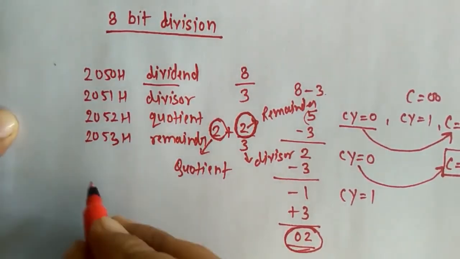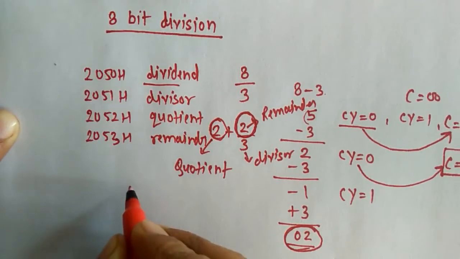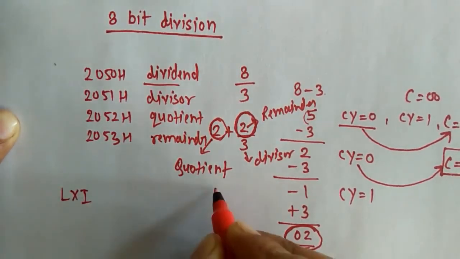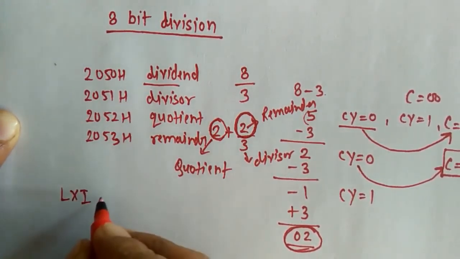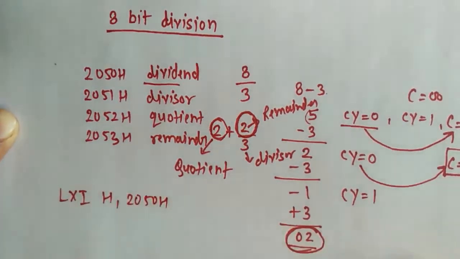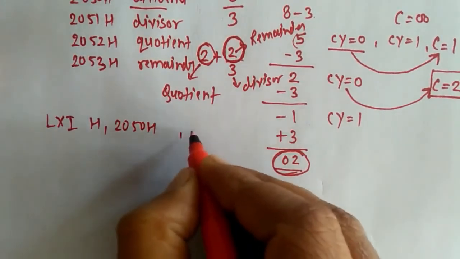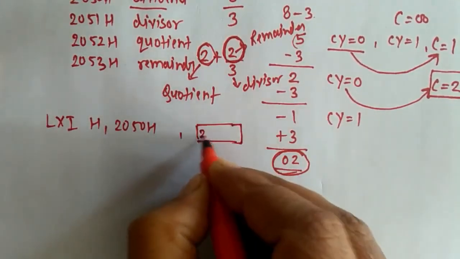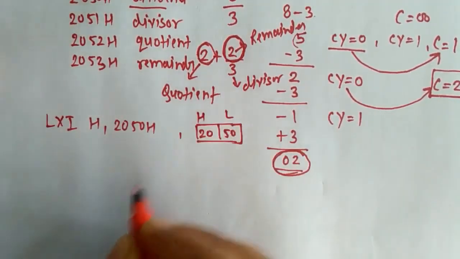And remember, when we have to access a set of memory locations, we use the instruction LXI instead of LDA. So that's why we will start this program with LXI H, 2050H. By writing this, we are putting the 2050 hexadecimal value in the H and L registers.